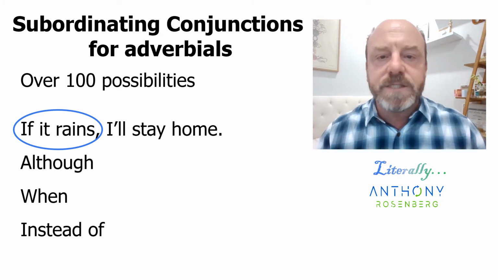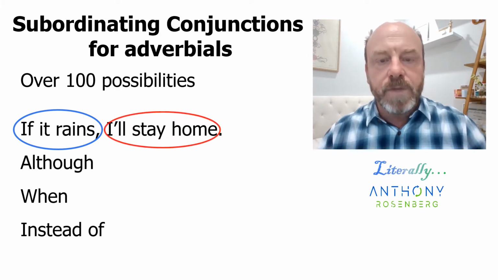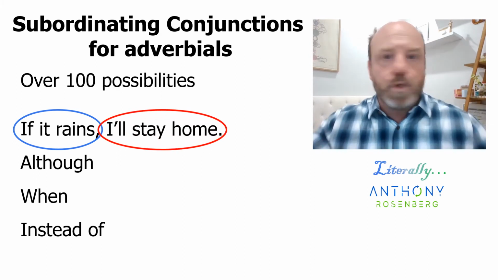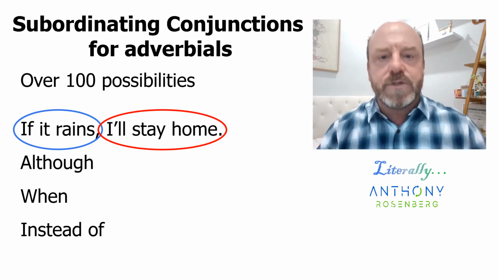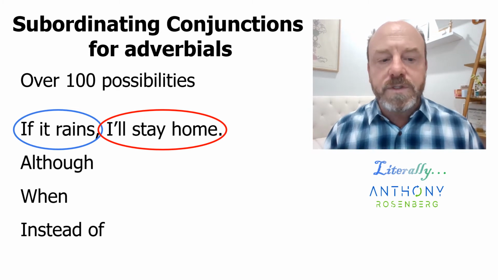Because it doesn't make any sense by itself. It cannot stand alone. But if I say, "I'll stay home," you understand that I'm not going to wherever it is that the context tells you about. But "I'll stay home" is an independent clause. "If it rains," dependent; "I'll stay home," independent, your main clause. Remember the red circles I'm using are identifying the main clause or the independent clause.